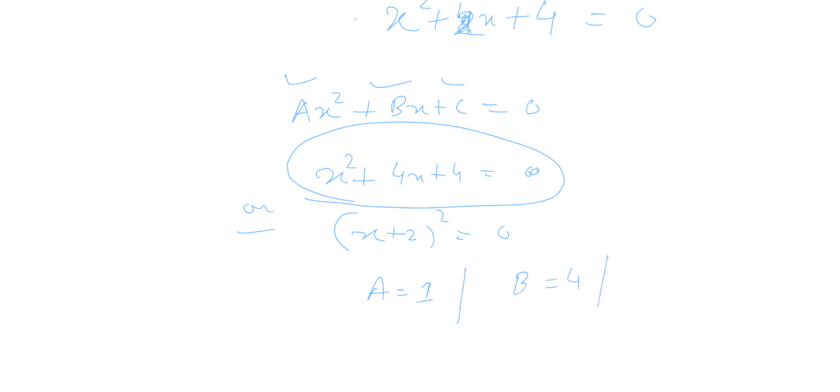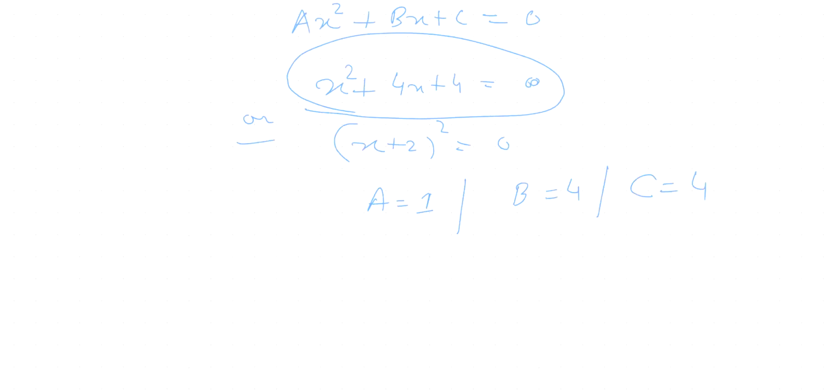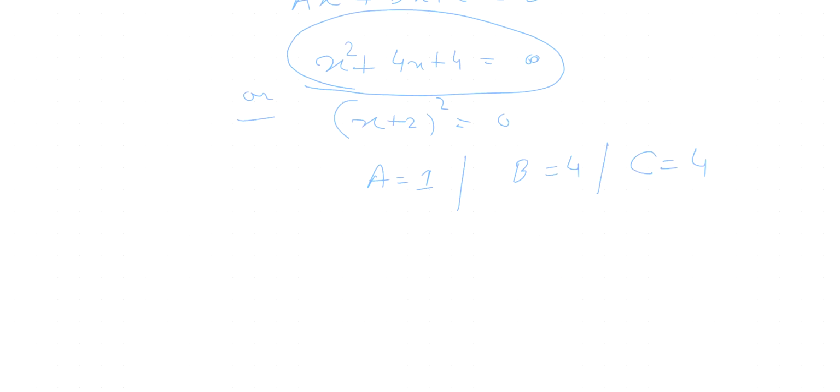Very good. Now I'll tell you the quadratic formula. The quadratic formula is that x will be equal to minus b plus minus. Remember, we were stuck with finding out what the value of x would be.